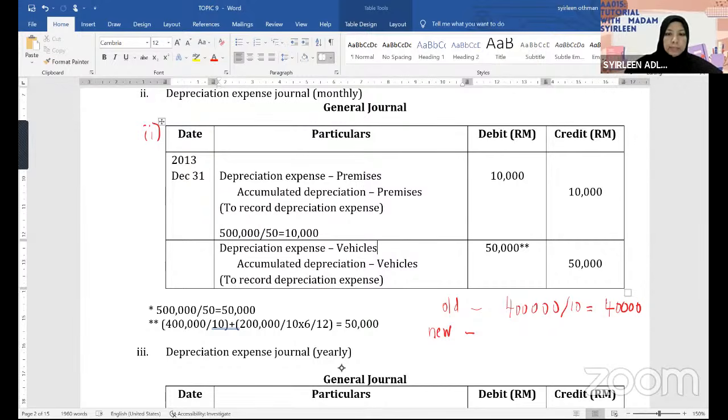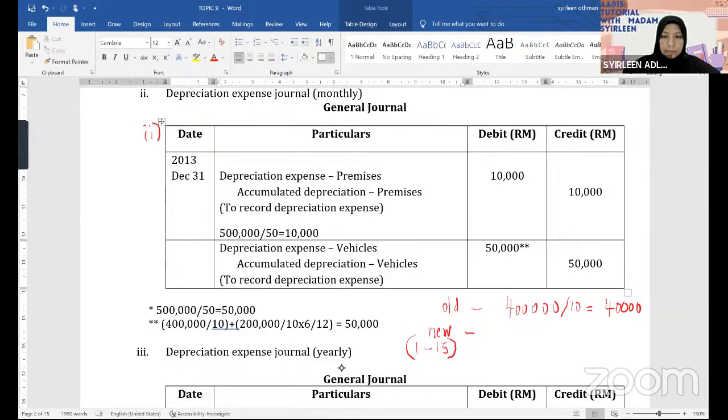So bila kita beli July 1st, tarikh dia ialah antara 1 hingga 15 hari bulan. Okay, so depreciation untuk aset tersebut termasuk bulan Julai. So you have July, August, September, October, November, December, 6 months.